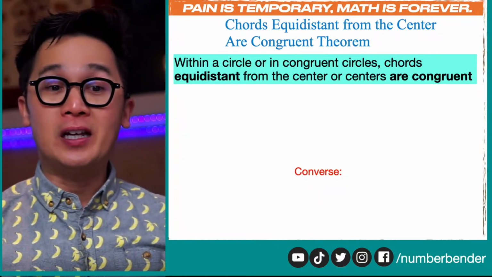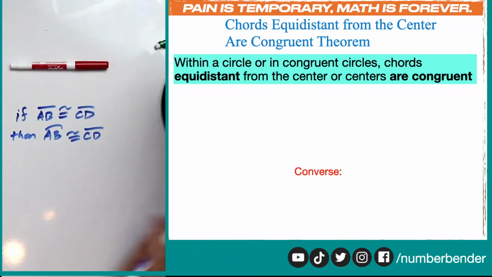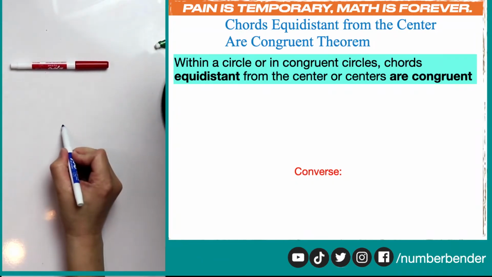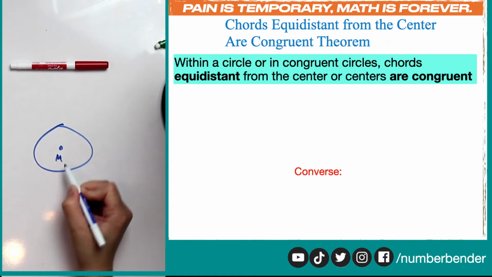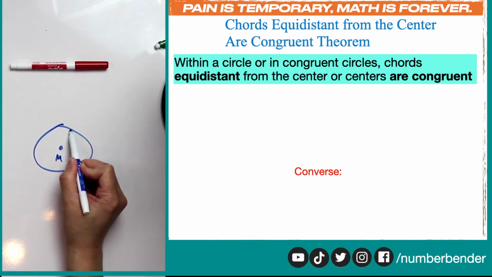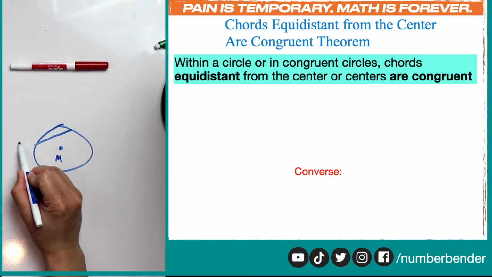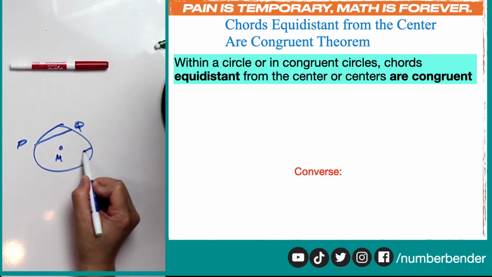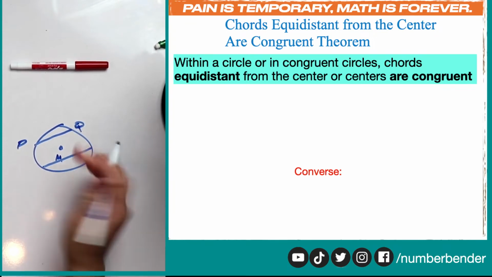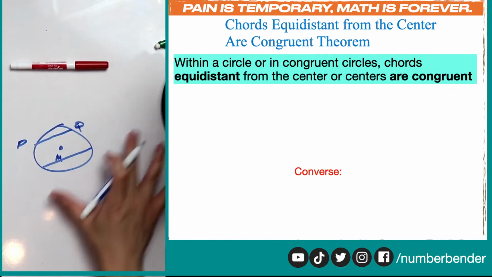So how are we going to illustrate that? So let's say we have a circle, and let's say this is circle M. So let's say this line segment or chord PQ is equidistant. It may not look equidistant because I'm just drawing it freehand.